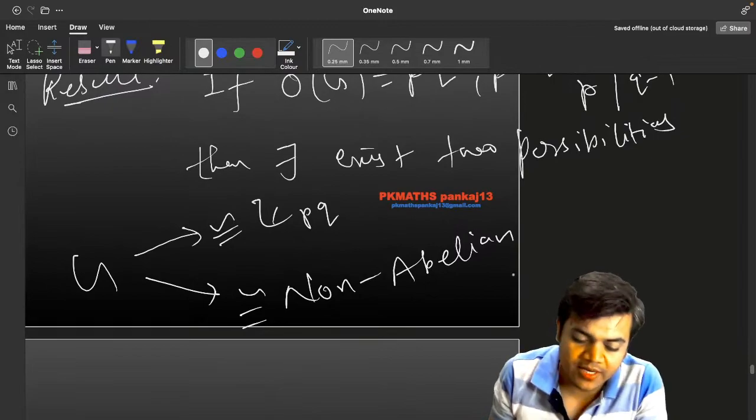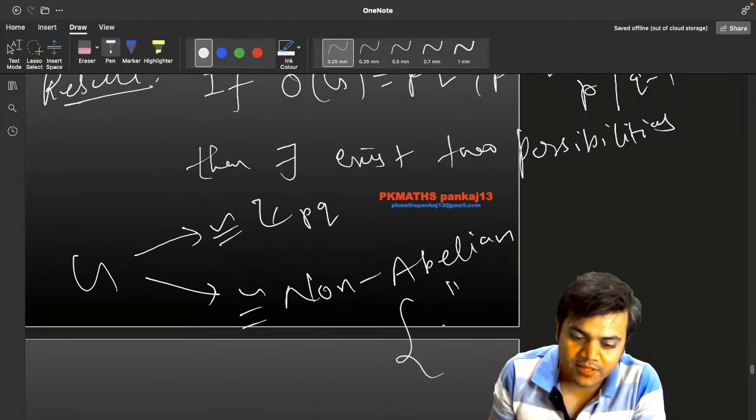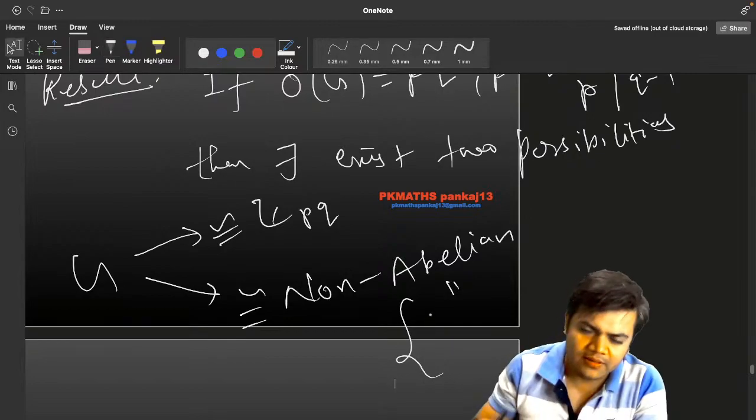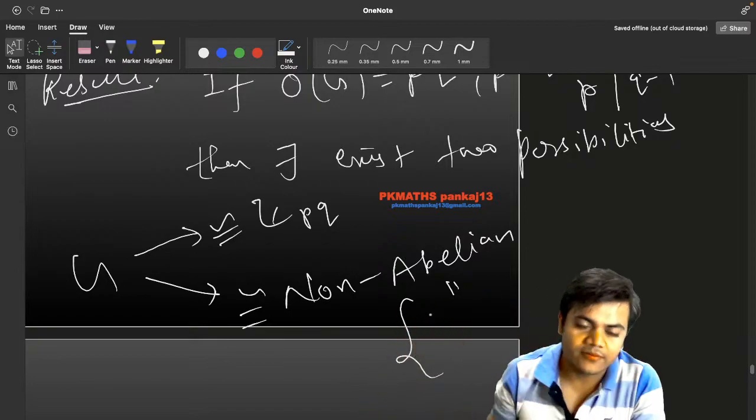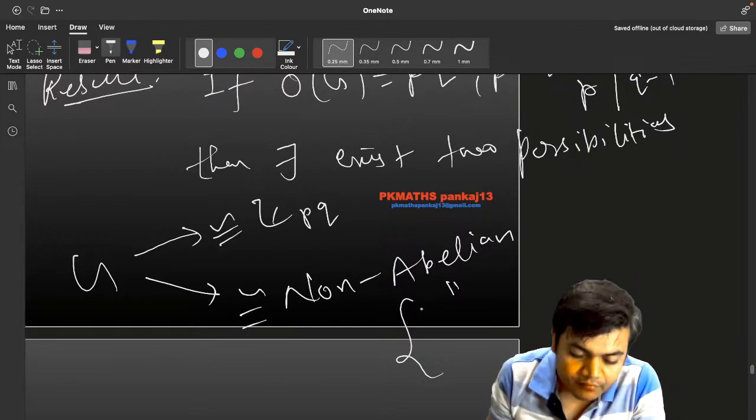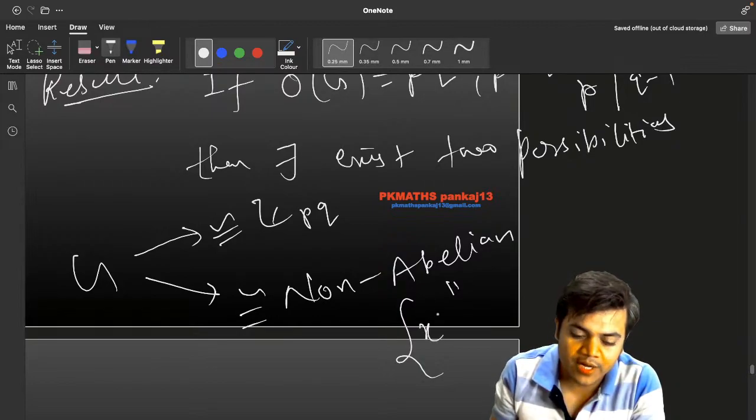So certainly we can find a non-abelian group, certainly the dihedral group we can say, or different kinds of non-abelian groups may be there of order pq. One of them I am just going to write.